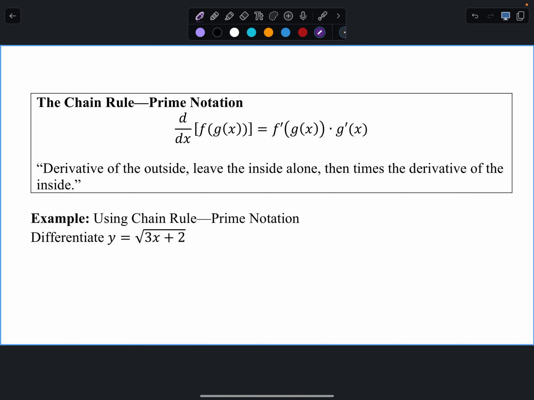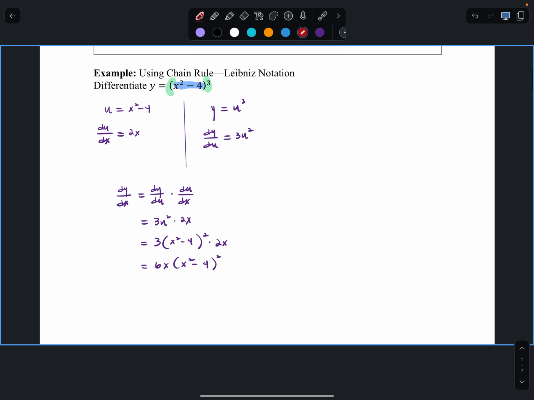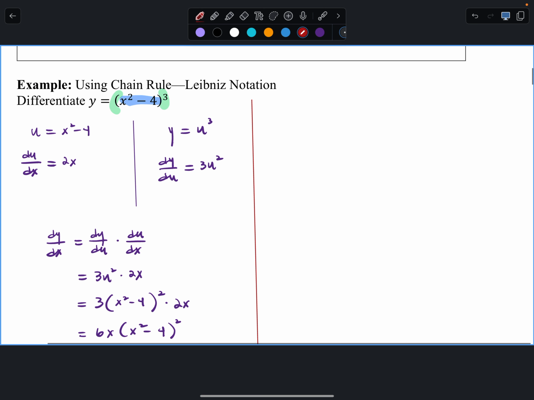Derivative of the outside function, leave the inside alone, times the derivative of the inside function. Okay, so derivative of the outside, leave the inside alone, times the derivative of the inside. Is this the more familiar one? So going back up here, I'm going to show you using that notation, like dy over dx. And I already have it, right?